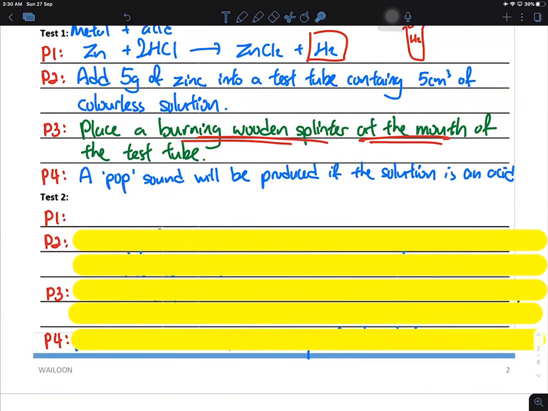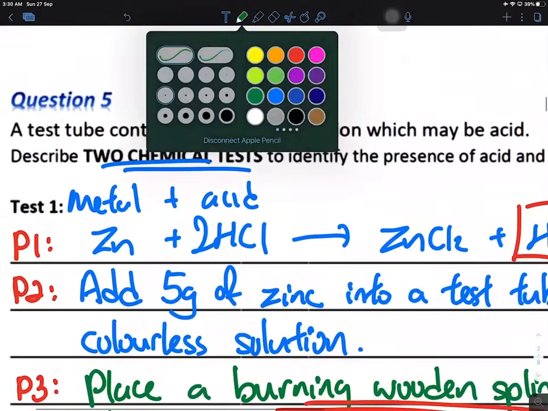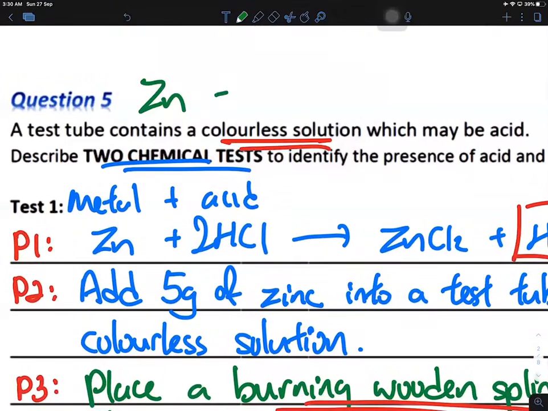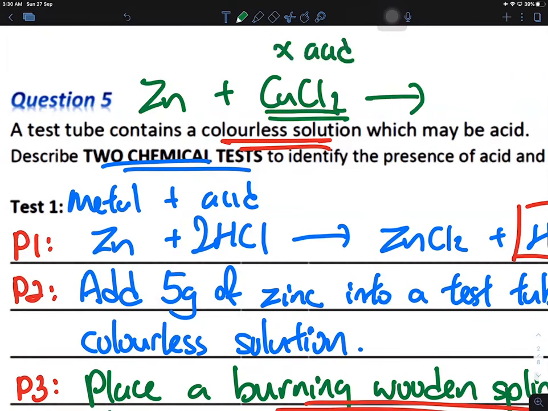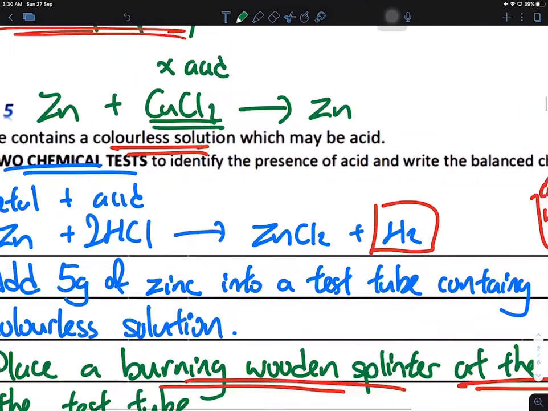You put reactive metal in, and if the reaction produces hydrogen gas, it will be an acid. Why? Because according to a normal displacement reaction, let's say Zn plus CuCl2, this is not an acid. If it is not an acid, the displacement reaction will produce a metal.